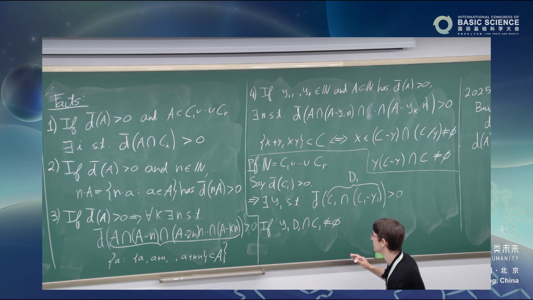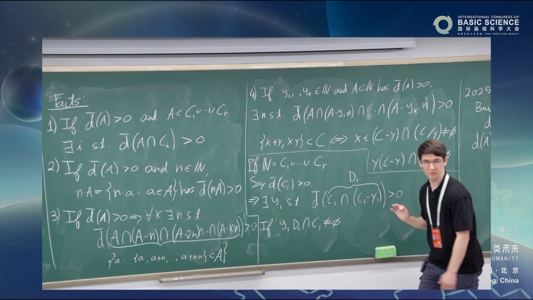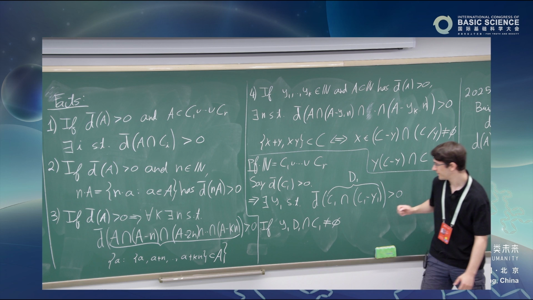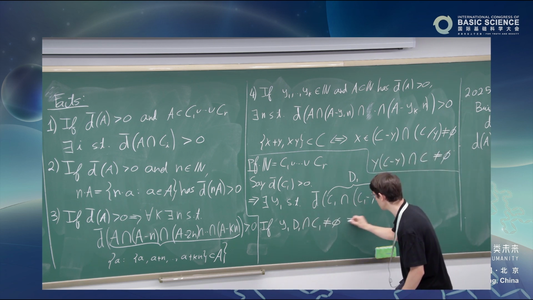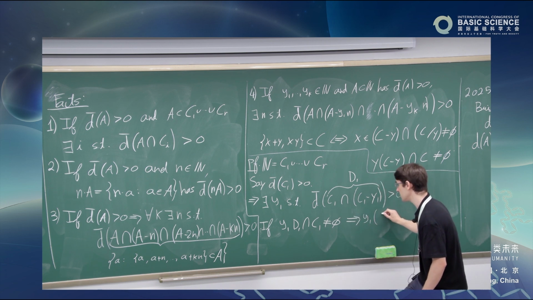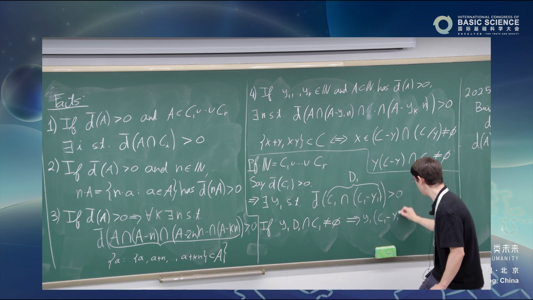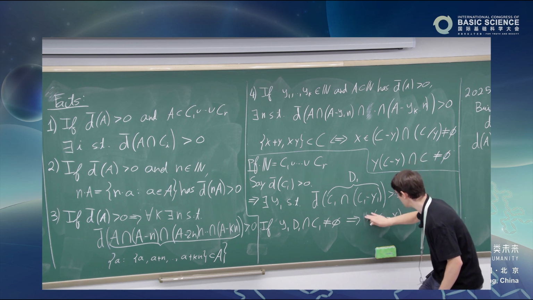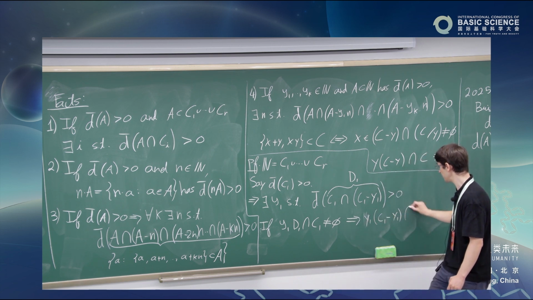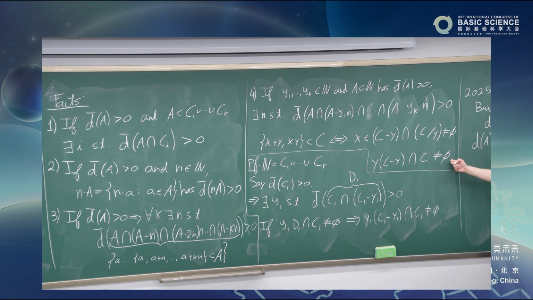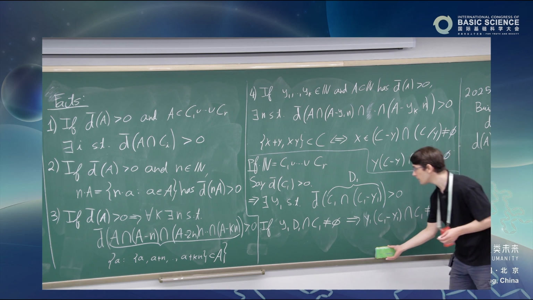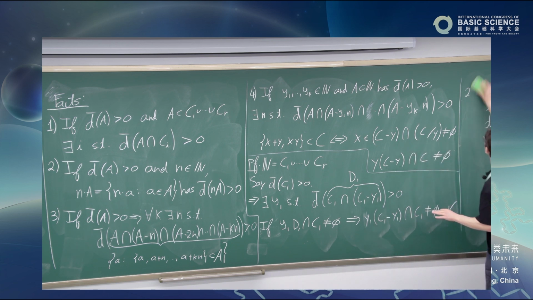I think if I write it in symbols it only makes it more confusing, so let me say it again. If this is non-empty, it means that y times C1 minus y, my y's change a bit, intersects C1 is non-empty. And if you agreed with me up here, this means we are done. That was case 1.